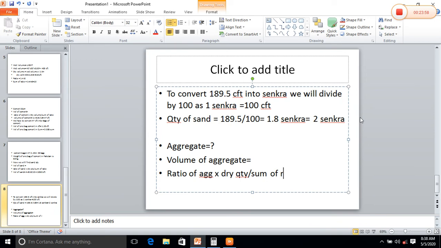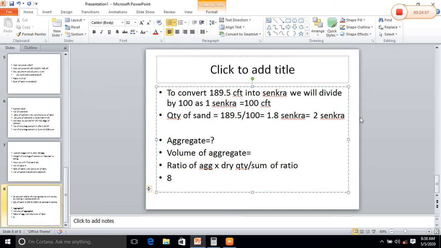Okay, so ratio of aggregate is 8 multiplied by dry quantity 616 and divided by sum of ratio 13. Okay, 8 is from the 1:4:8 ratio, and this is the ratio of aggregate.